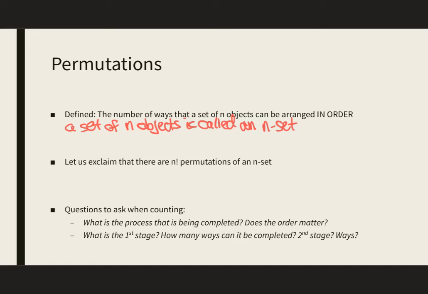And I say that because the next bullet point here is that there are n factorial. Okay, this is pronounced n factorial, not n. Permutations of an n set. And what n factorial means is n times n minus 1 times n minus 2 times n minus 3 and so on.